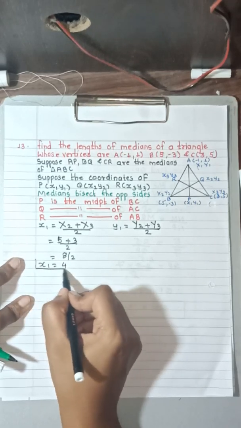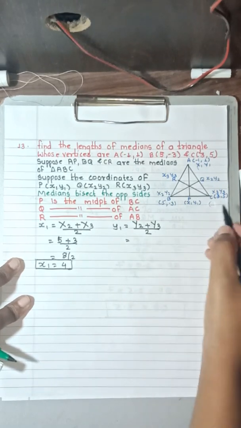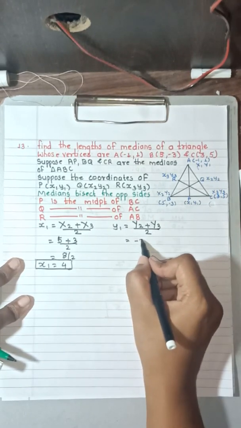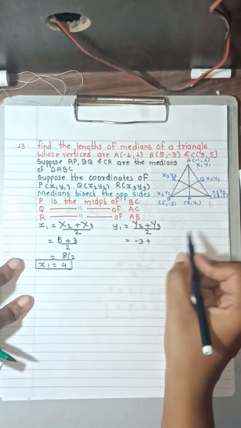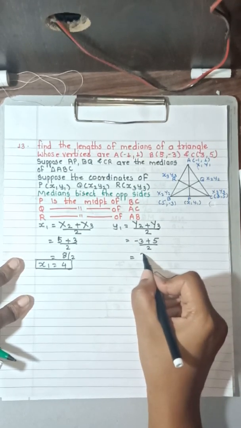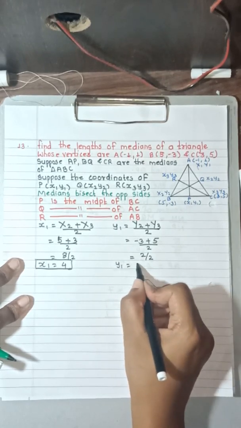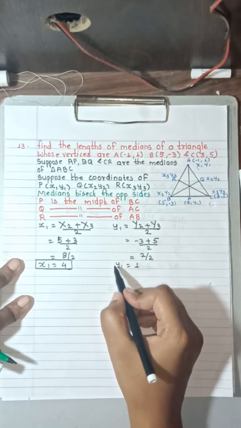Okay, you got the value of small x1. Now for y1, Y2 is minus 3 plus Y3 is 5 upon 2, that will be equal to 2 upon 2, and y1 is equal to 1.